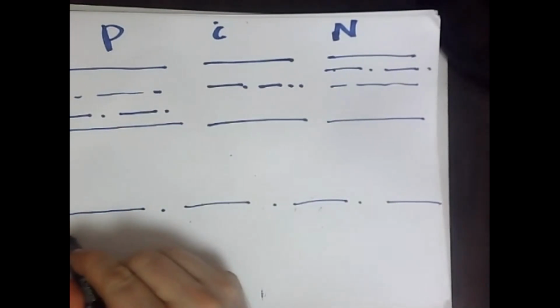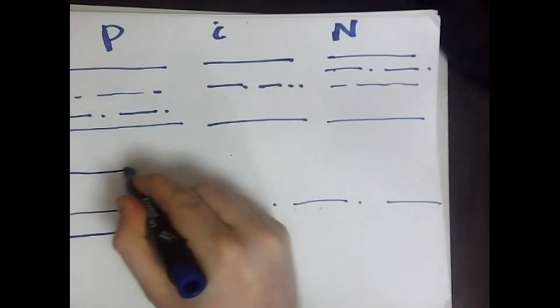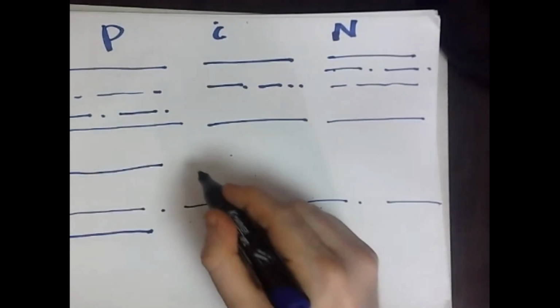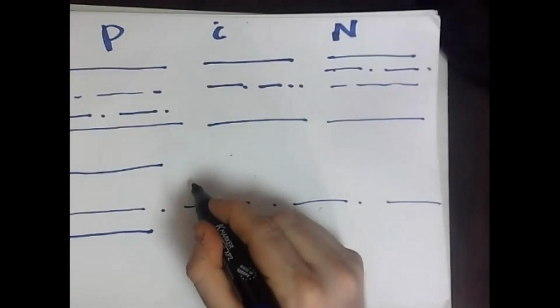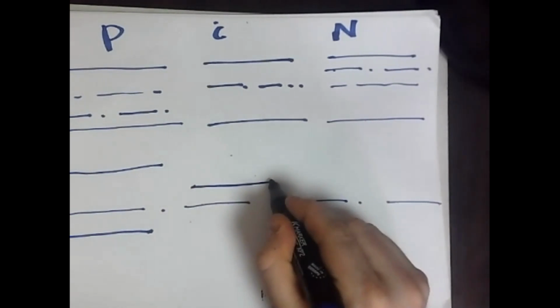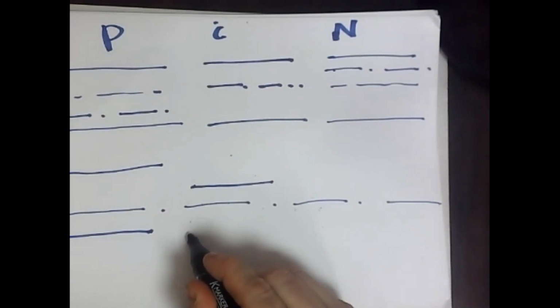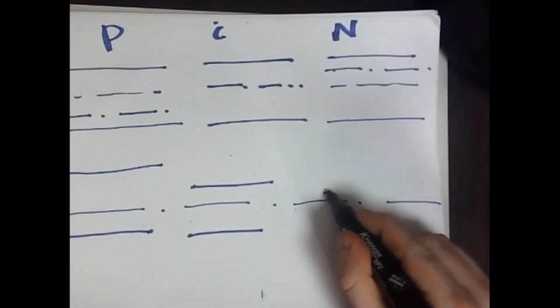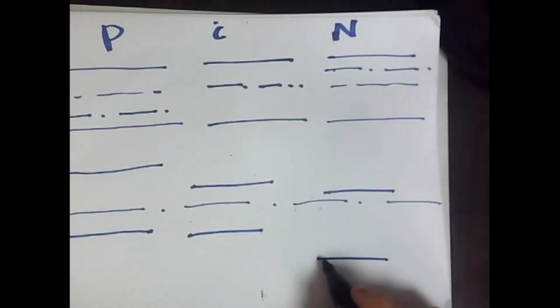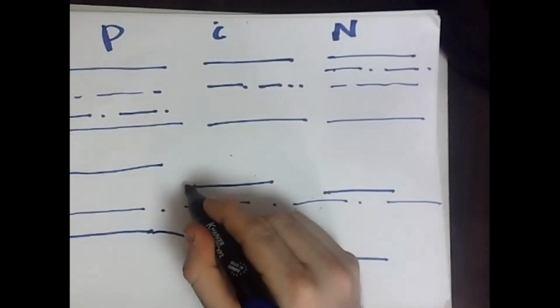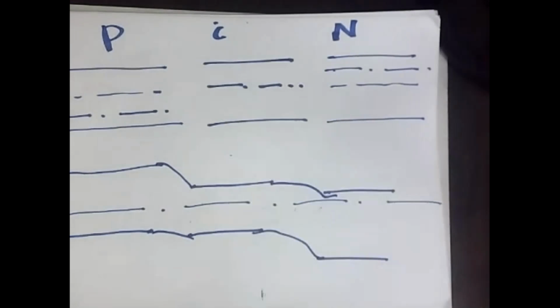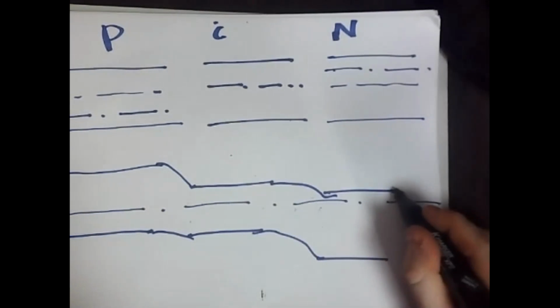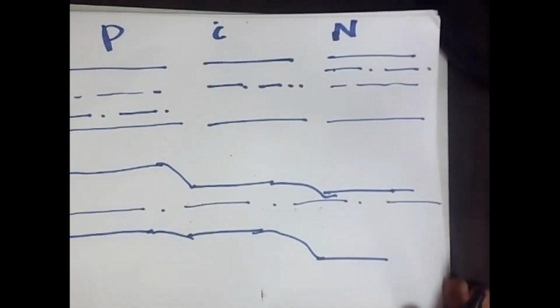Here is the p-type region, then the intrinsic region, and finally the n-type region. So this is the overall schematic of the energy band diagram for a PIN junction.